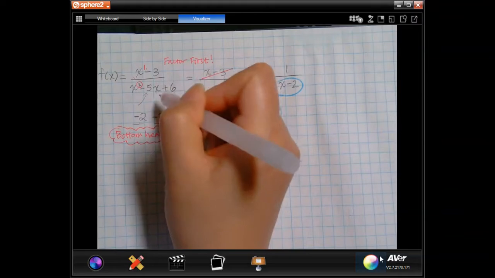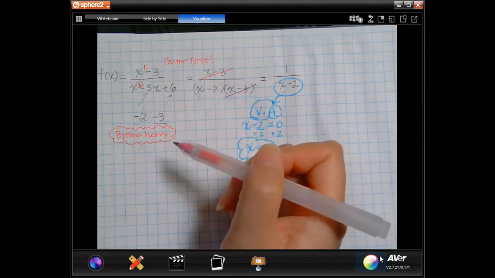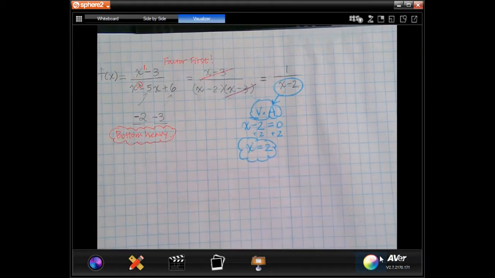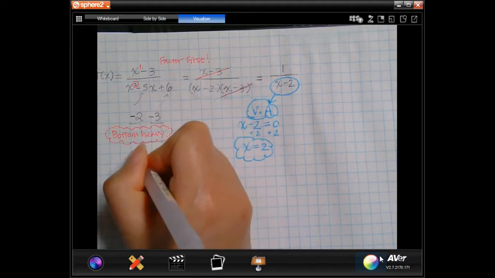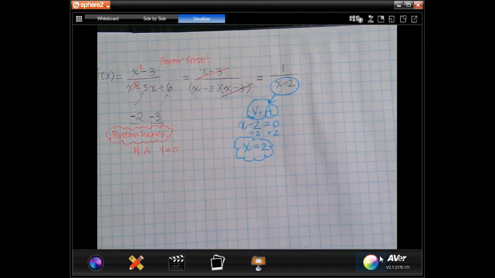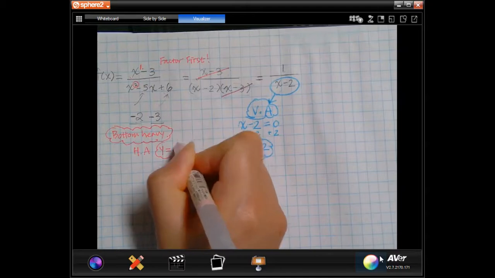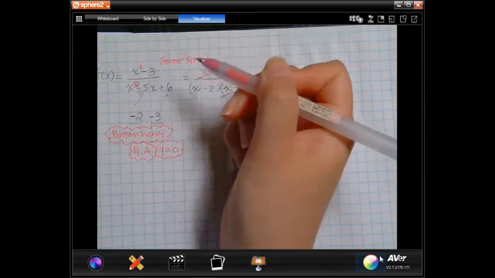So if your original rational expression came as the bottom heavy type, it's always going to give you the horizontal asymptote being y equals 0, when you recognize the whole structure is bottom heavy.